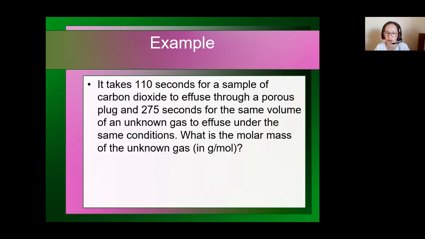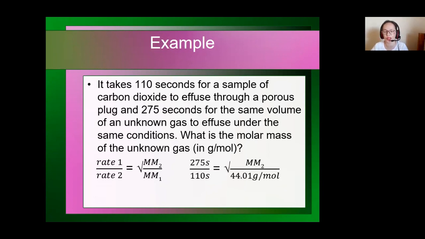Here there are two gases involved: carbon dioxide, which effuses in 110 seconds, and the unknown, which takes 275 seconds. How can we find the molar mass of the unknown gas? Using the formula, rate 1 over rate 2 equals the square root of the molar mass of the gas over the molar mass of the second gas.